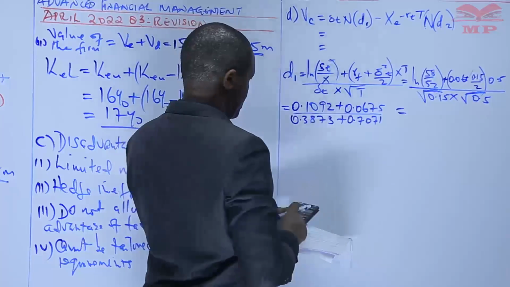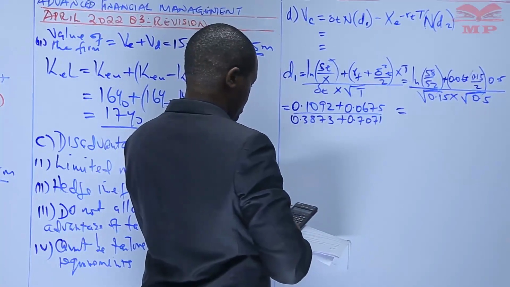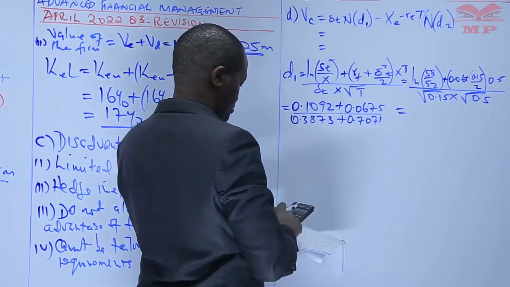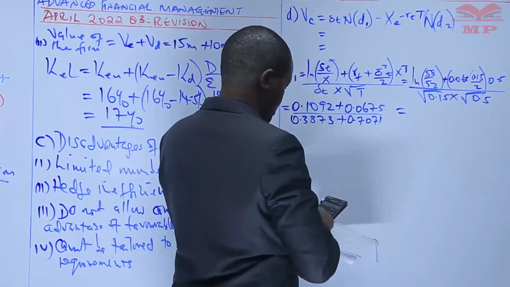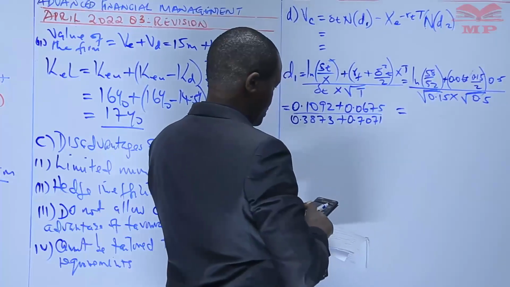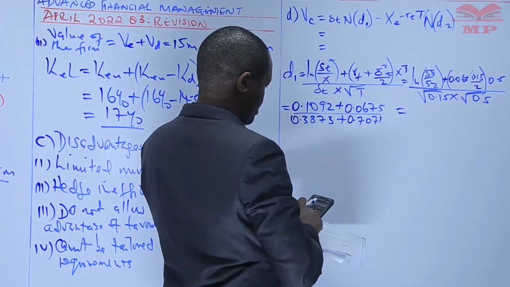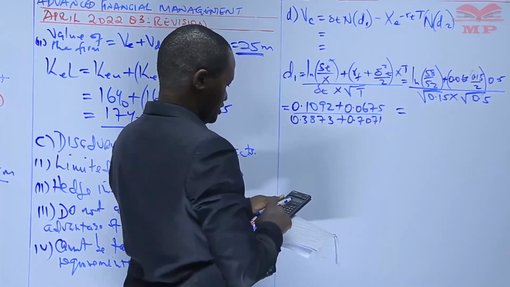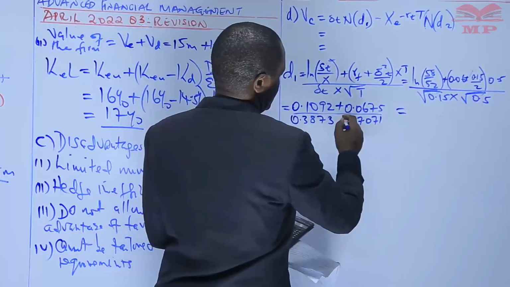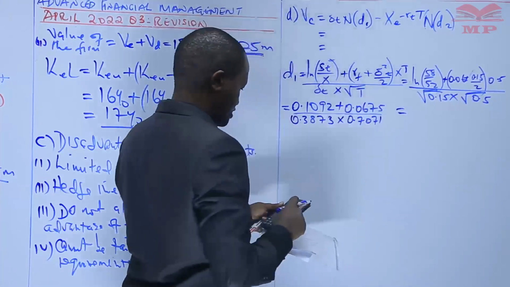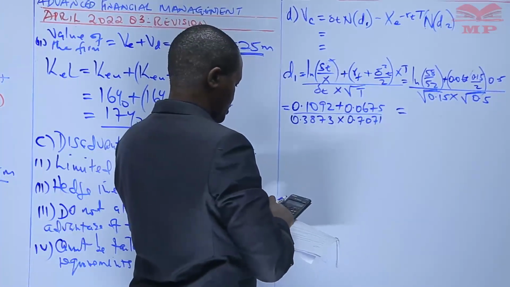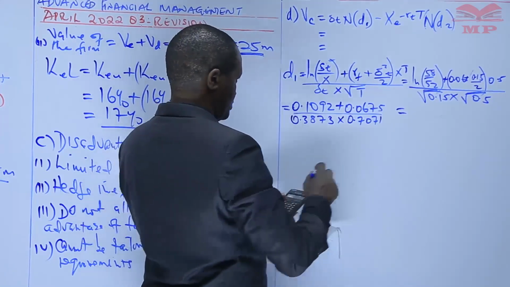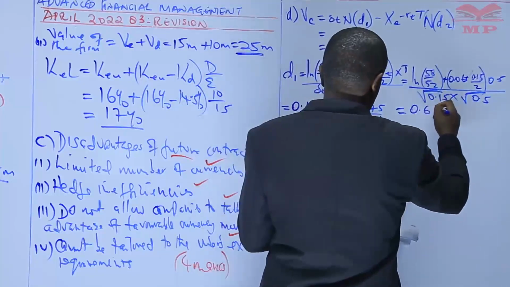So let's add 0.1092 plus 0.0675, divided by, open bracket, 0.3873 times 0.7071, getting here 0.65.